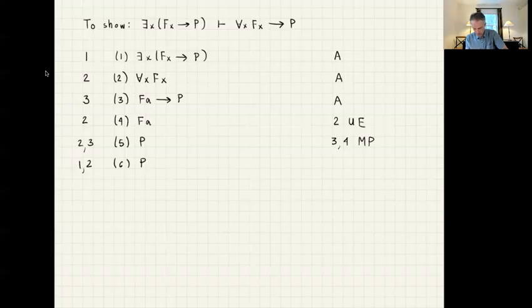So this is 1, the instance 3, and then the conclusion 5, existential elimination. Okay, so then finally, if everything is F, then P. So 2, 6, conditional proof.